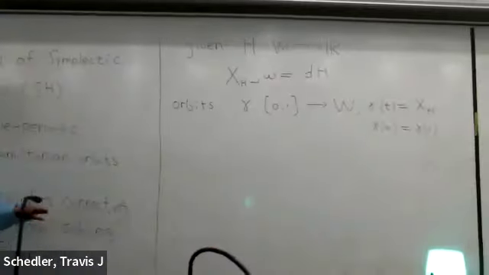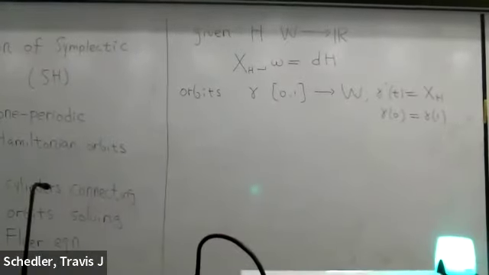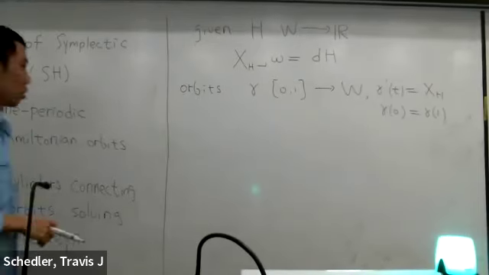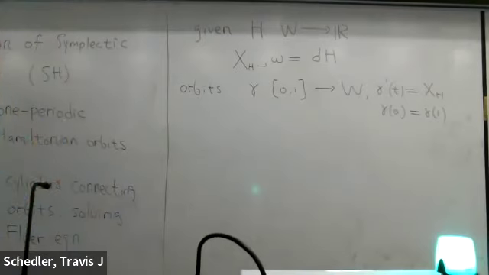For any function, we have a vector field, and we can study the orbits of the vector field. To define symplectic cohomology, we'll use a particular Hamiltonian function on W.